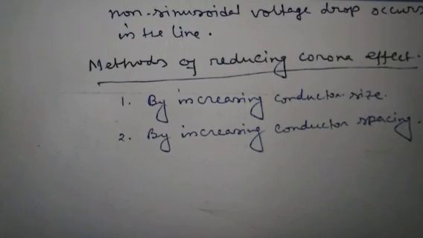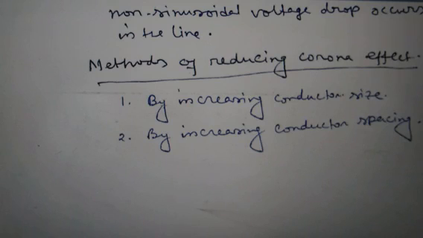It has been seen that the effect of corona obviously affects the system badly. So the corona effect can be reduced by the help of the following methods. One is by increasing the conductor size. By increasing the conductor size, the voltage at which the corona occurs is raised, and hence the corona effects are considerably reduced.